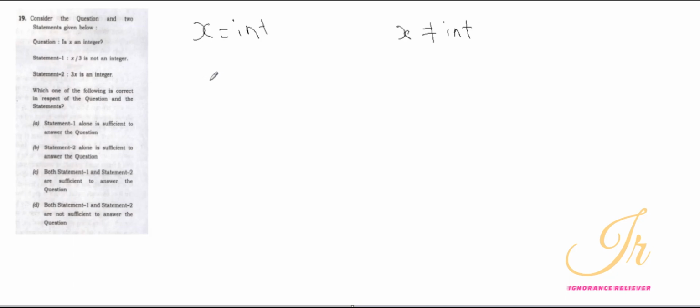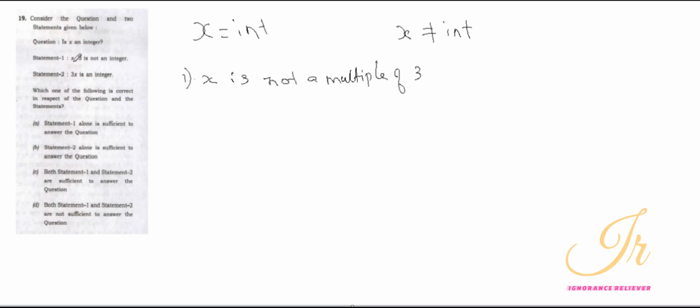When we substitute the value of x, x by 3 is not an integer. So from statement 1, we can conclude that x is not a multiple of 3, right? Why?